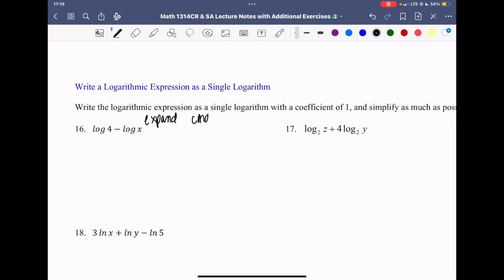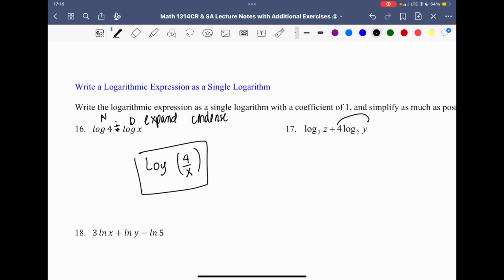Now to condensed form. So this is division right here. So the numerator, this is the denominator. Log 4 of x, this is the exponent, but these are multiplied.